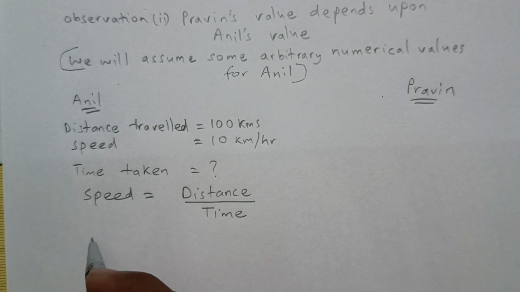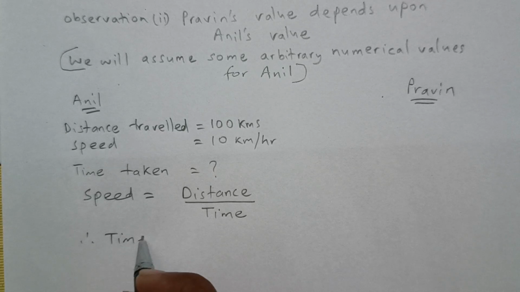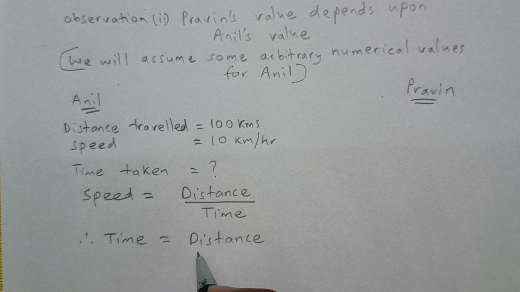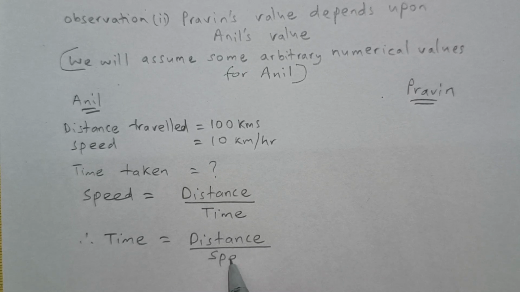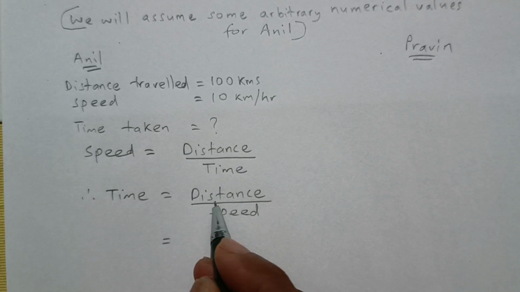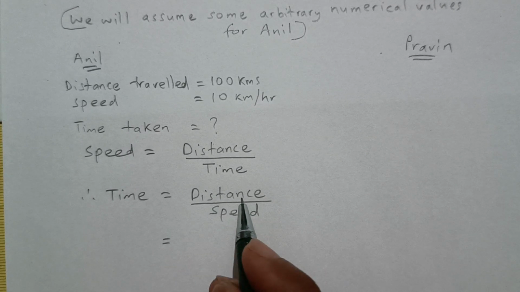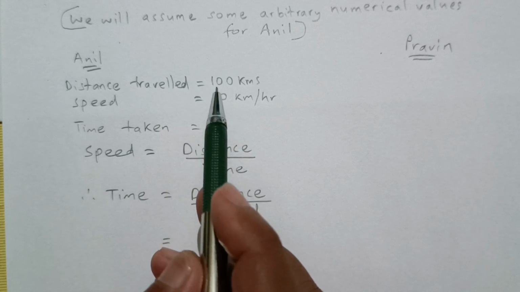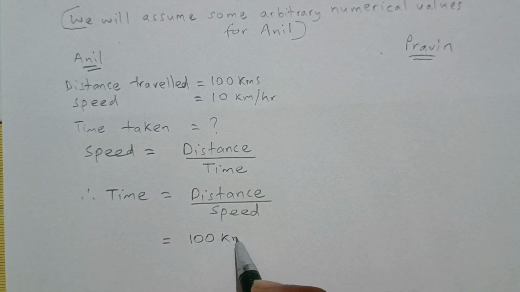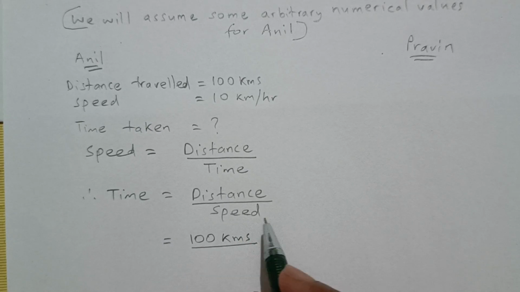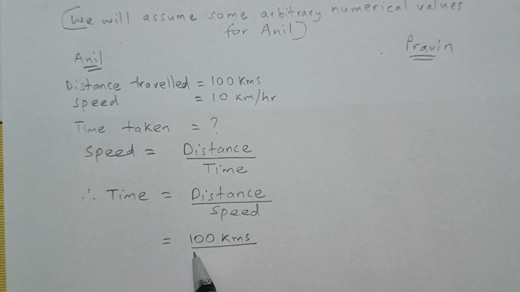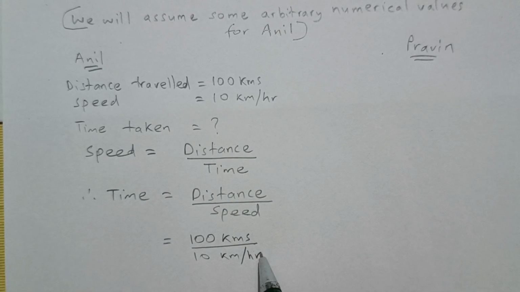Therefore time will be distance upon speed. The distance traveled by Anil is 100 kilometers, and the speed of Anil is 10 kilometers per hour.